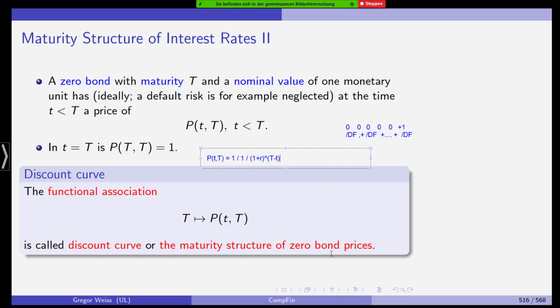Denn, wenn Sie sich das mal anschauen, es gibt keine Couponzahlung zwischendurch. Am Ende kriegen Sie eine Geldeinheit. Um auf den Preis zu kommen, ist ja klar, dass dann letztlich der Preis sich einfach ergibt aus der einzigen Zahlung, nämlich 1, abdiskontiert über die Restlaufzeit groß T minus klein t. Und damit ist der Zero-Bond-Preis hier letztlich der Diskontierungsfaktor, also dann invertiert.